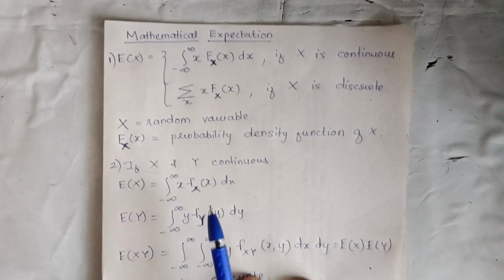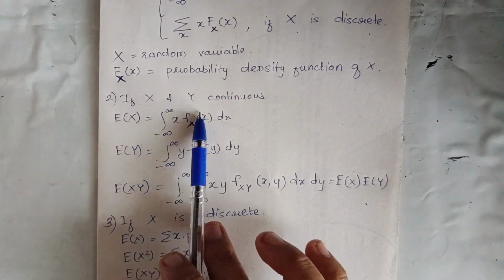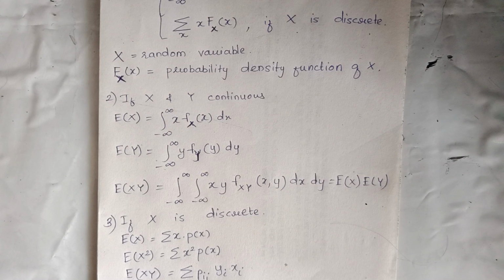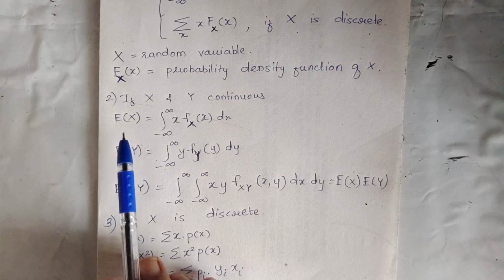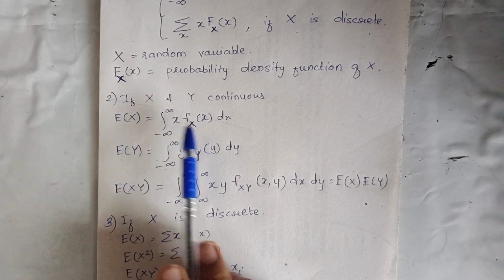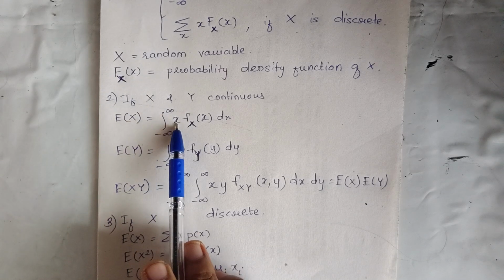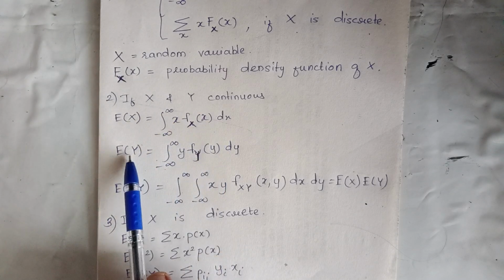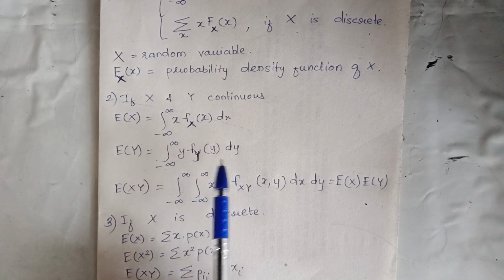So when we have x and y continuous random variables, then E(x) is defined like this, that is x f(x) dx, and E(y) with y f(y) dy.